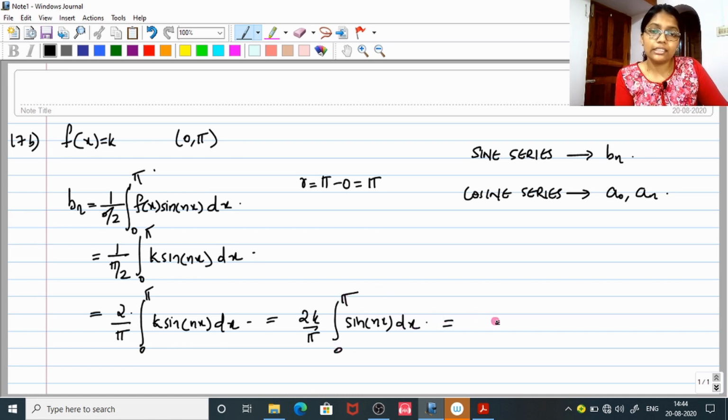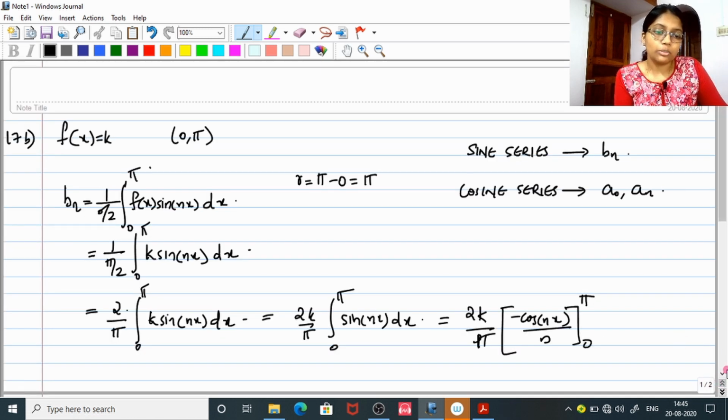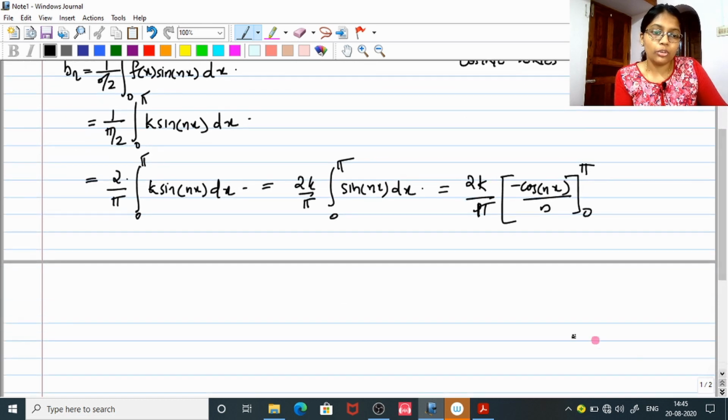Integral of sine nx is minus cos nx. So 2k divided by pi, minus cos nx divided by n, because x has a coefficient, so n is put in the denominator, in the interval 0 to pi. Before you go for substitution of limits, you need to draw a big bracket, inside which you need to give another 2 brackets, one for the upper limit, another for the lower limit.